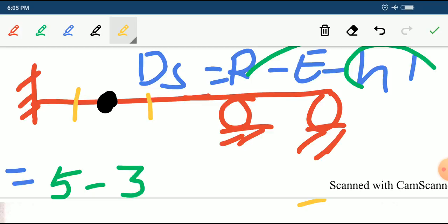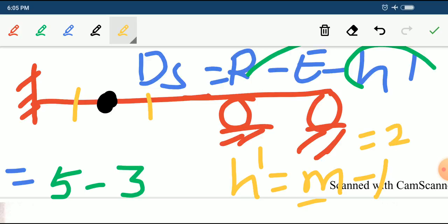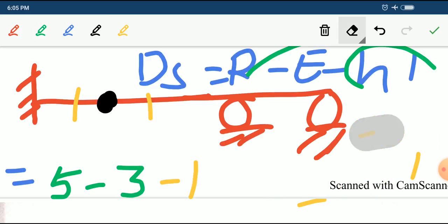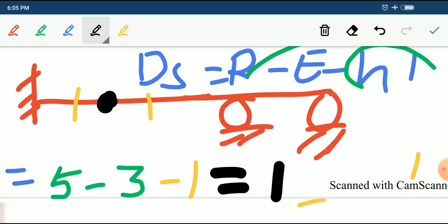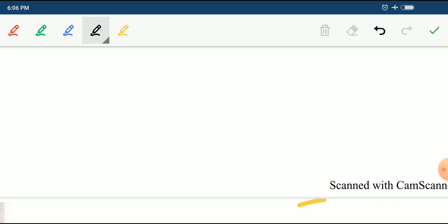So I know how to calculate H dash: m minus 1. Total members connected is 2, minus 1, so the value of H dash is equal to 1. So finally the answer is 5 minus 3 minus 1, which is equal to 1. The degree of static indeterminacy for this beam is equal to 1. Okay, we'll move to the next question.